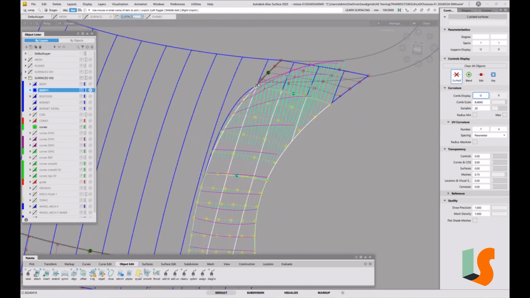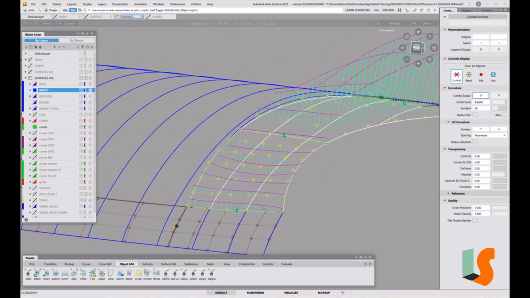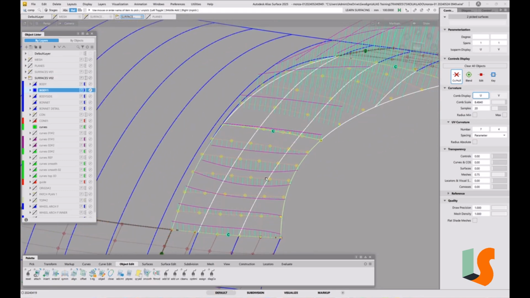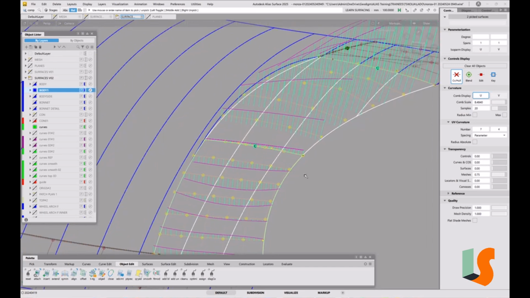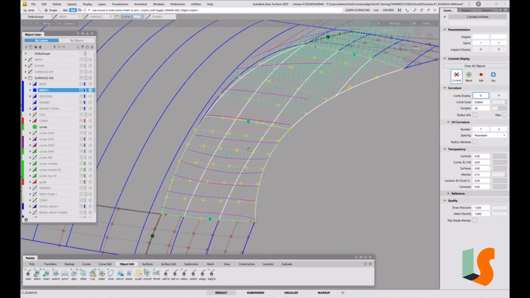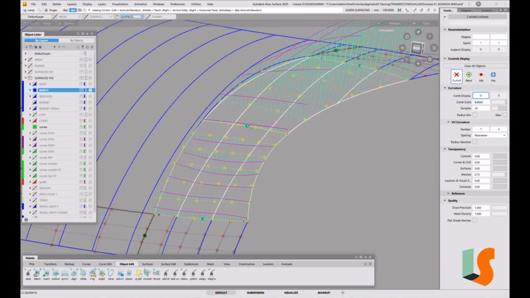It's saying that it's flattish here and it's accelerating towards that outside edge, which is what we expect. The front is fairly uniform, and then in the middle it goes a bit weird, and so we need to sort that out. I'm just trying to understand what's going on here. So it's gone very flat across that area.